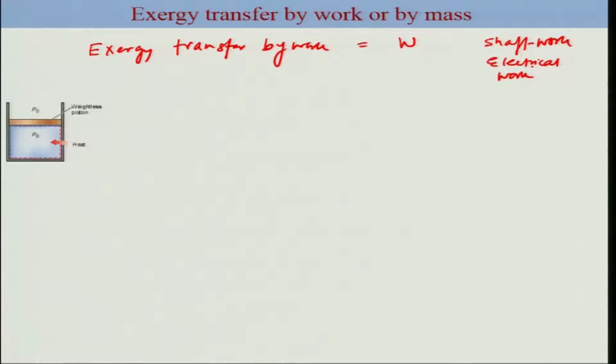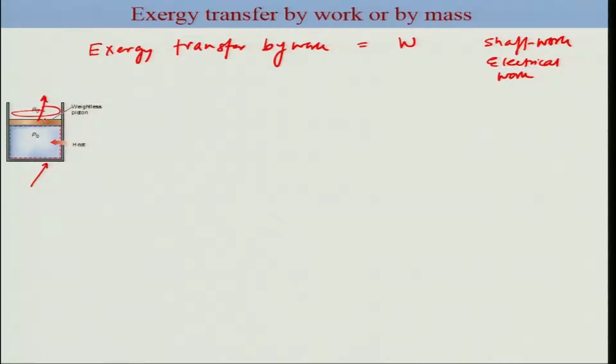However, if there is any boundary work involved, such as what we have seen here for the piston cylinder device, when this device does work during the expansion process, the work is done to push the air as it moves up.